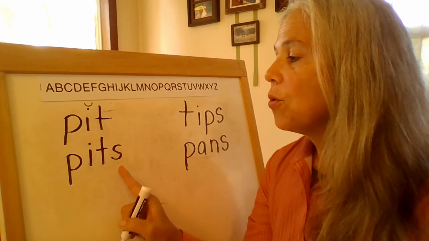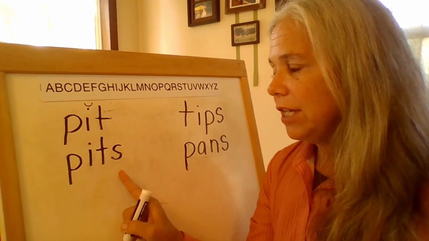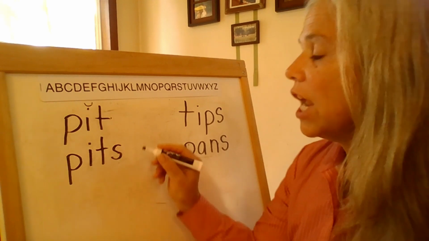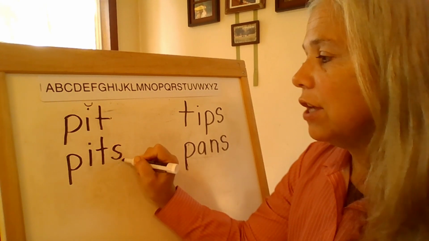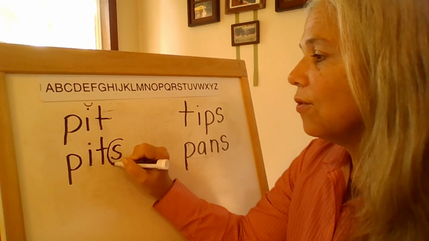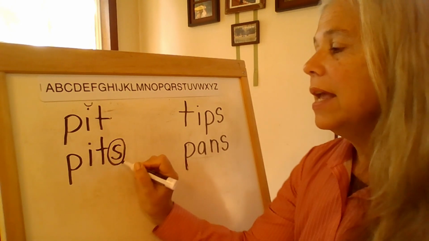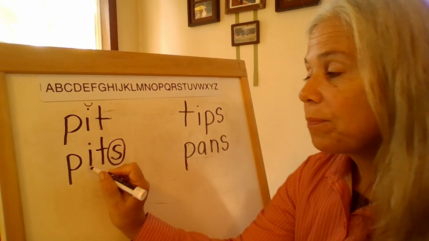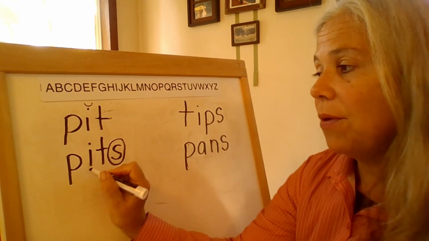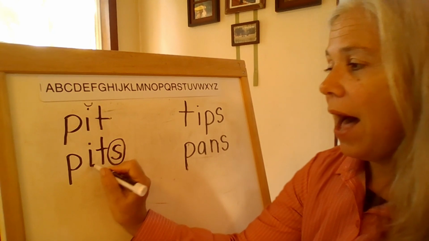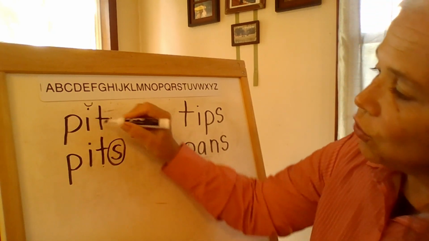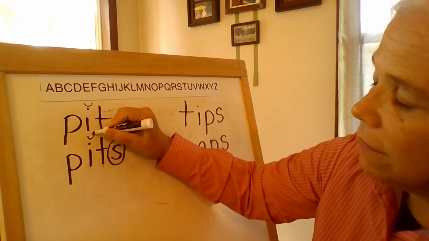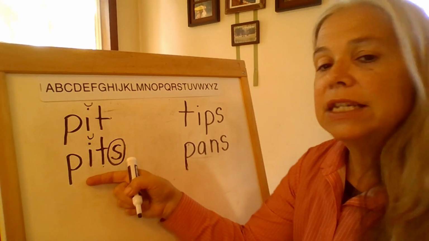When we are going to read a derivative, we find the suffix first and we circle it. So let's find our suffix s. Let's circle it. Okay. Now, let's go to our base word and let's find our vowel. There's our vowel I. A vowel in a closed syllable is short, code it with a breve. And this word says pits.